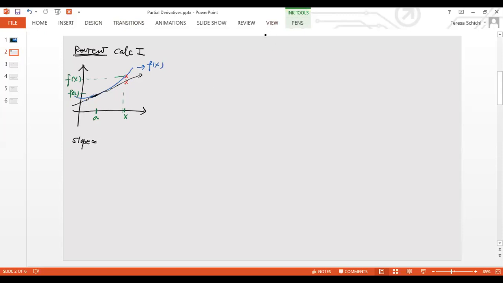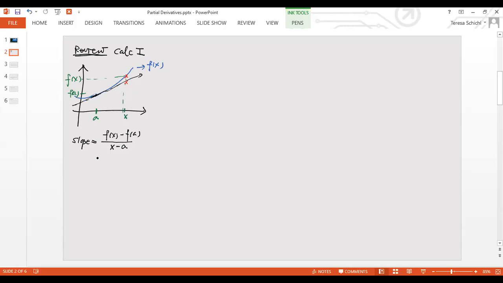So the distance here is x minus a. So the slope here will be f of x minus f of a, over x minus a.